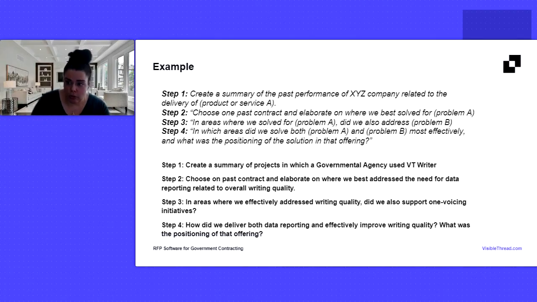So we're going to run that query, and then we've identified areas where we've solved for problem A. So in areas where we solved for problem A, did we also address problem B? Okay, then we're going to run that query.